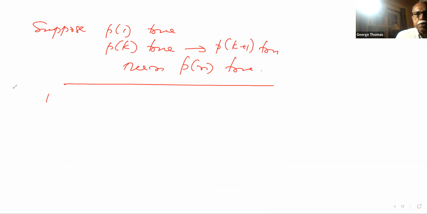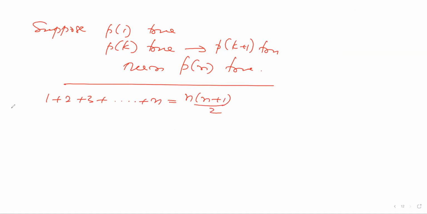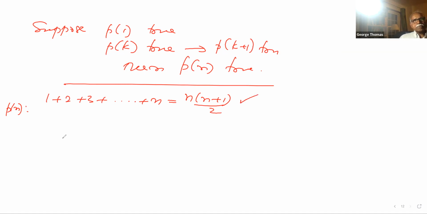We'll do one example and be done with it. Let us take the integers 1 plus 2 plus 3. Every instructor does this. It is supposed to be n times n plus 1 over 2. So here is my statement, P(n). I am making the statement that if you add the first n integers, you get this.